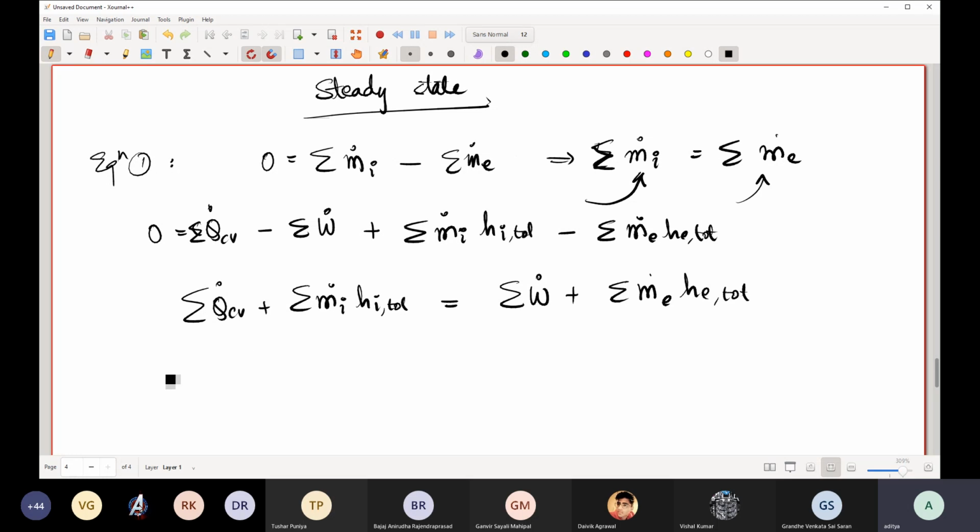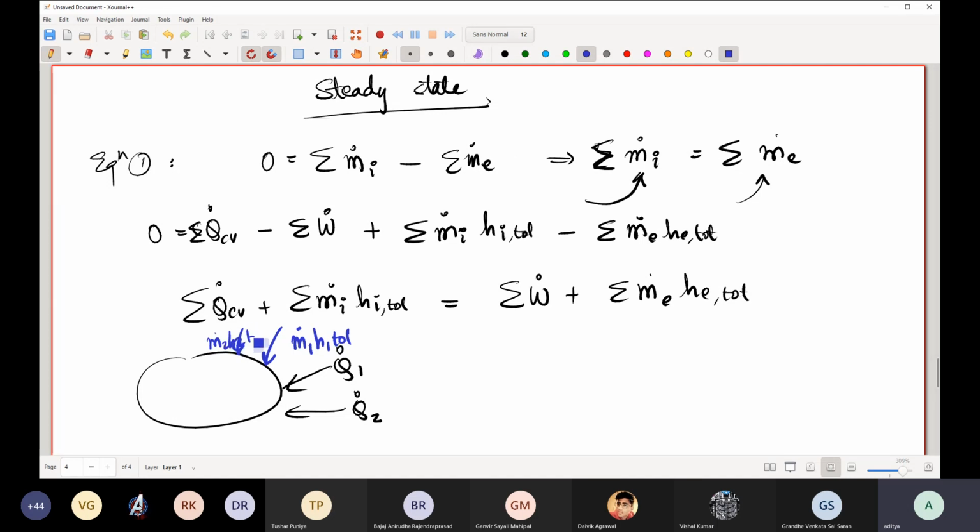Meaning whatever heat you transfer to the system, Q dot 1, Q dot 2, and whatever energies are incoming into the system, m dot 1 h_1 total, m dot 2 h_2 total, whatever is incoming, that has now given this control volume an ability to do works. These are the additions into the system.